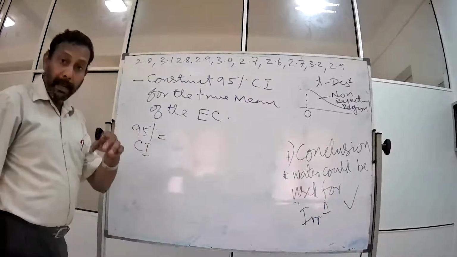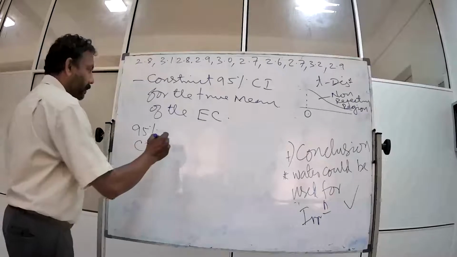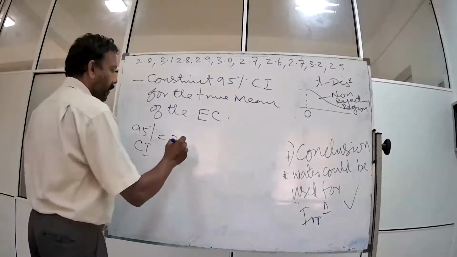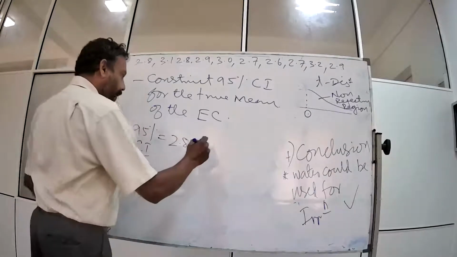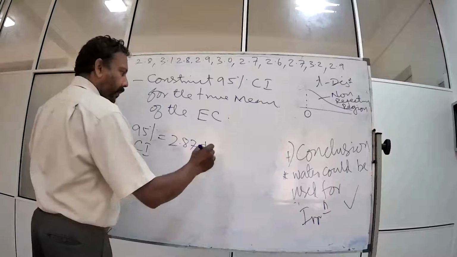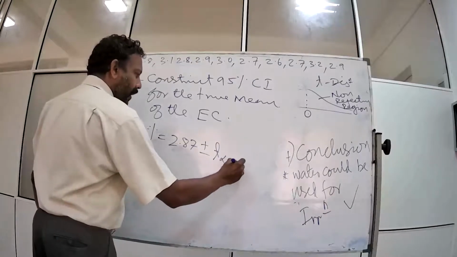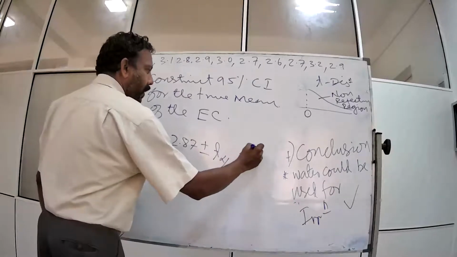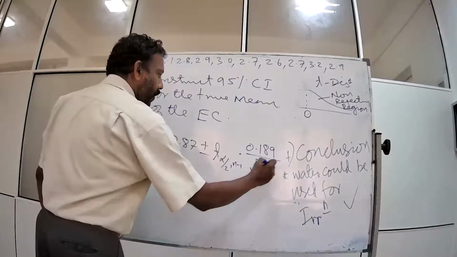You can use the previous formula, x bar. What is the x bar here? 2.87. So 2.87 plus or minus t alpha by 2, n minus 1, into S, which is 0.189 divided by square root of 10.